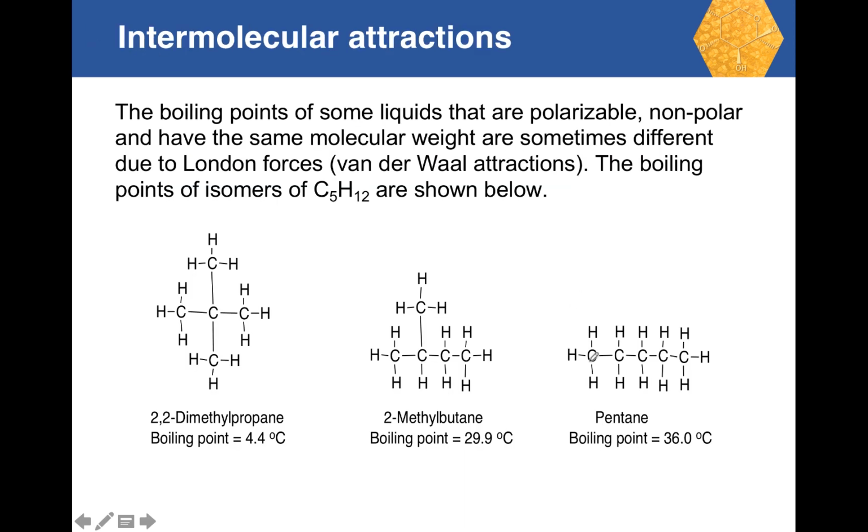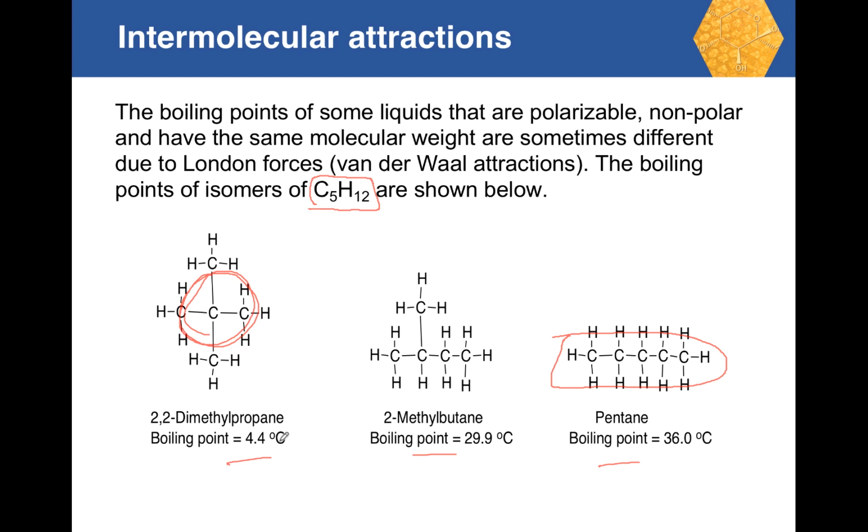So let's look at this one. This is C5H10. And here are 3 isomers of C5H10. Pentane here has larger surface area compared to 2,2-dimethylpropane, which has a smaller surface area.